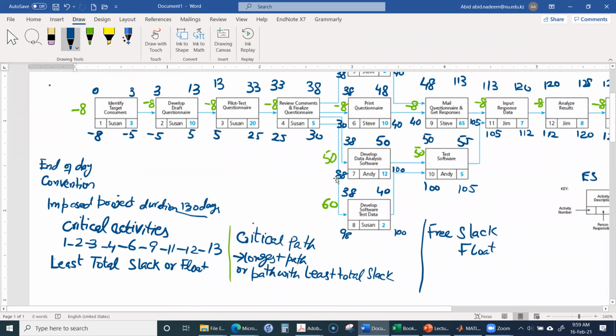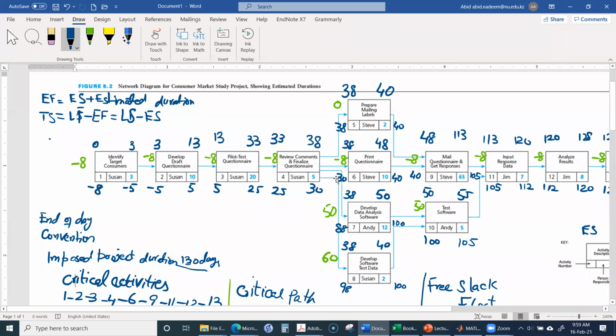So these are the only activities over here which have the free slack. In fact, this activity 5 also has a free slack. You can see that its earliest finish time is 40, and its following activity has an earliest start time of 48. So the free slack of this activity 5 is 8 days.